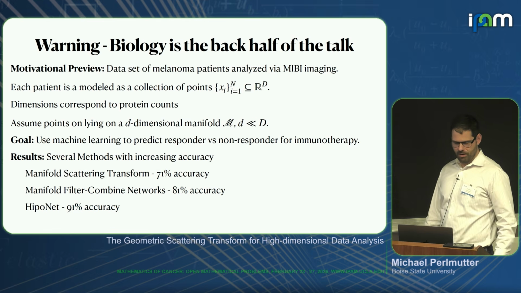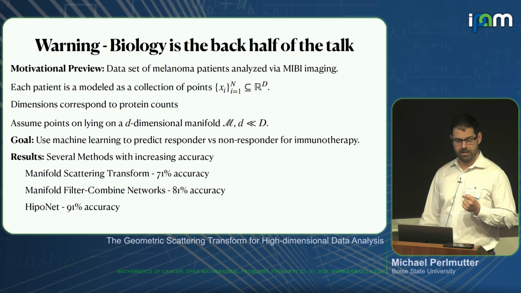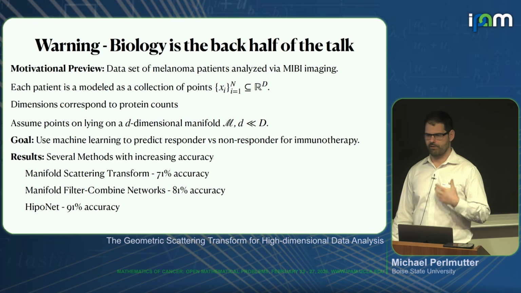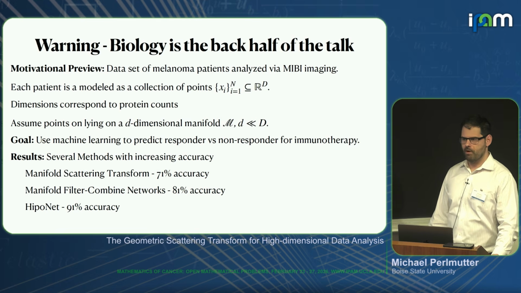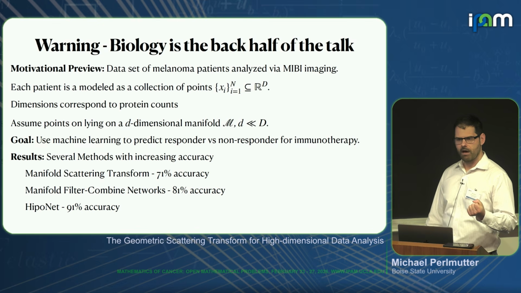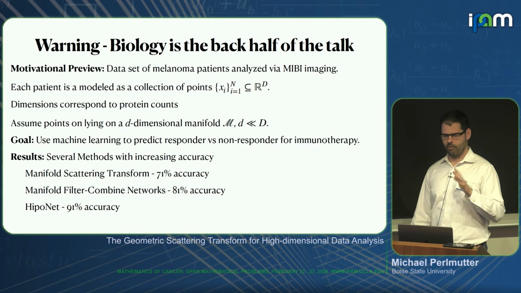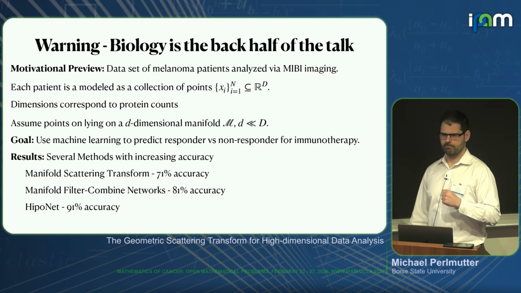And the goal is to produce machine learning methods which can predict whether or not the patient is going to respond to treatment or not. For most of this talk, we're going to treat this as a binary classification method, although at the very end, we're going to treat this as a four-class classification, where the classes are improves, stays the same, gets worse, or dies.